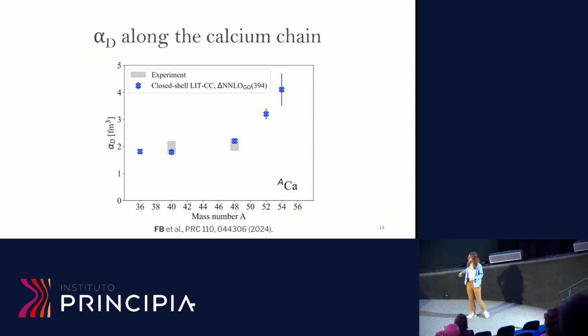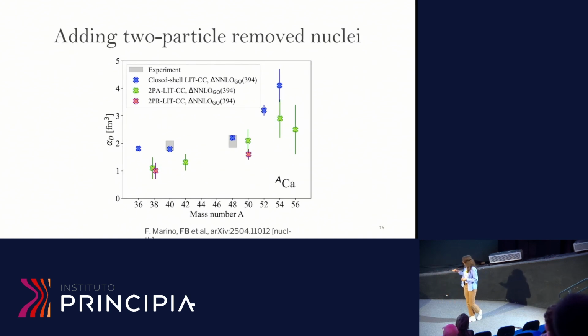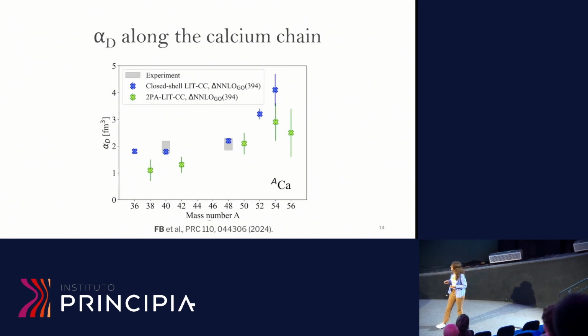There are other nuclei that we can tackle in the closed shell framework, from calcium 36 up to calcium 54. If we add the open shell results, we see that they are lower with respect to the closed shell ones.